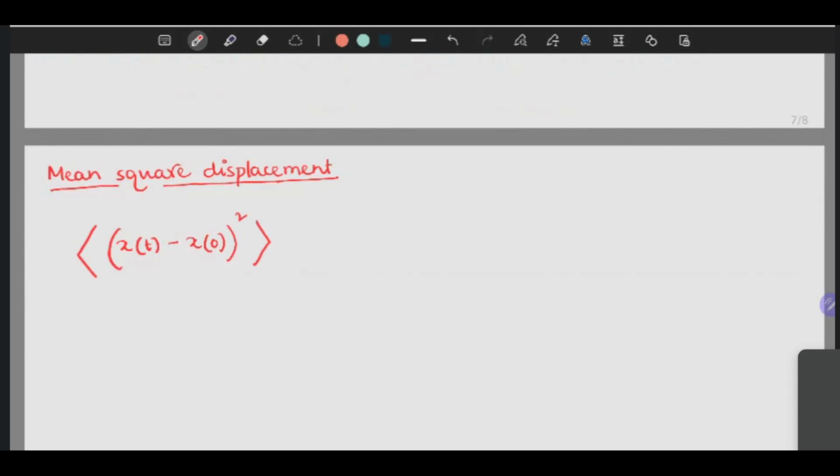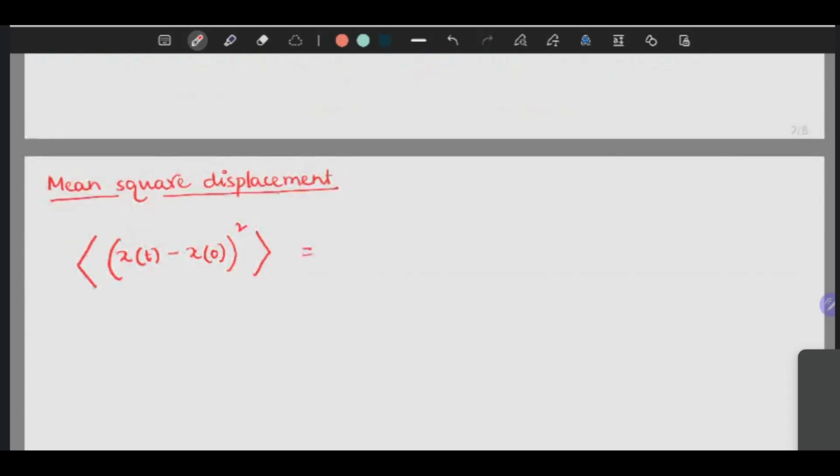So this is the mean square displacement. That can be calculated using the double integral from 0 to t of dt1 and dt2 of the correlation of v(t2) and v(0).